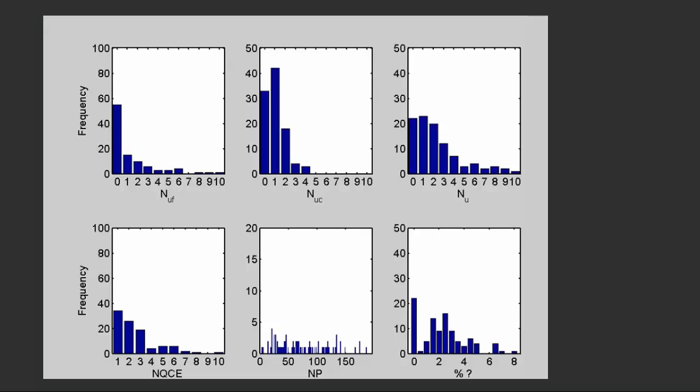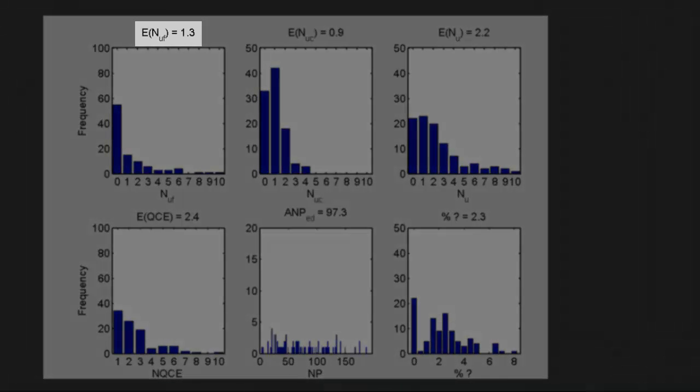We see there is a wide range of possible outcomes that we could get from a 5% out-of-control shift. We can summarize our expectations by computing the averages for each of these distributions. If we do that, we find that the average number of unacceptable results prior to the last good QC event is 1.3.